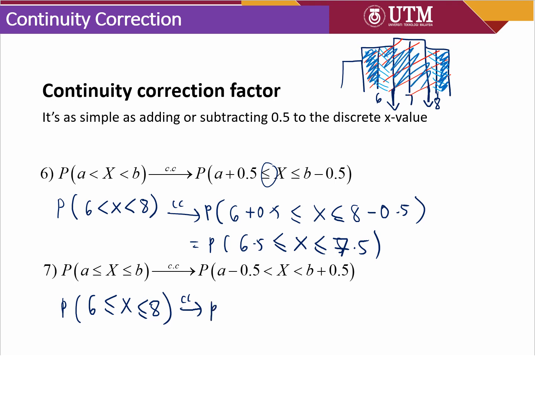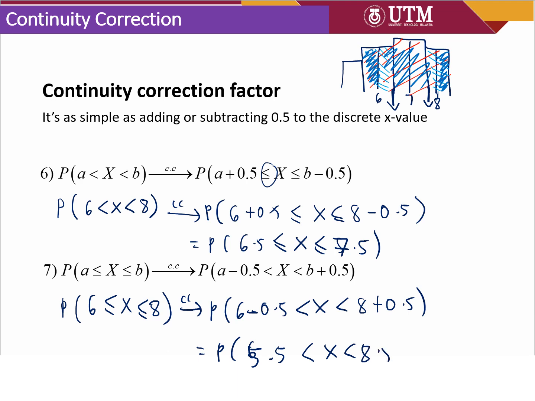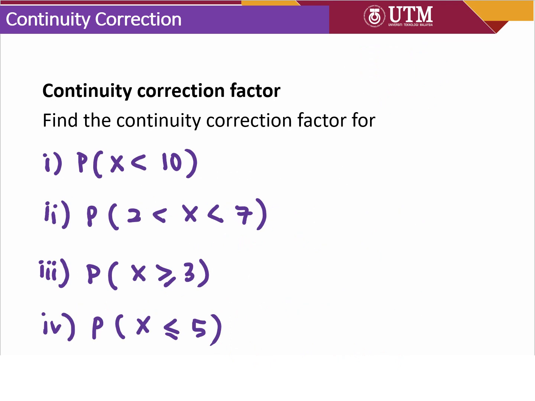So the probability would be 6 minus 0.5 and 8 plus 0.5, which is 5.5 to 8.5. So now try this out, and I will give you the answer later.